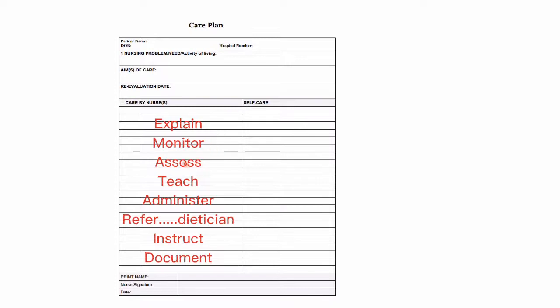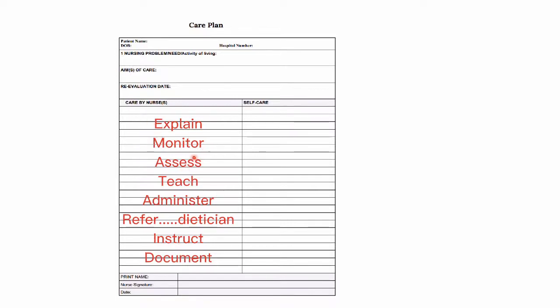If you are doing knowledge, you assess Mr. X's knowledge level, or assess for signs of complication. Example I mentioned: numbness of the extremities and vision issues. That's for the assessment.